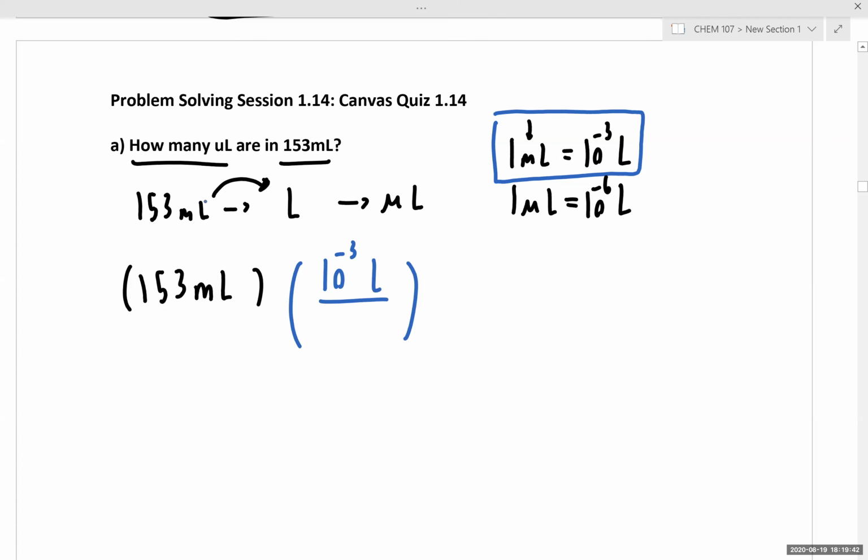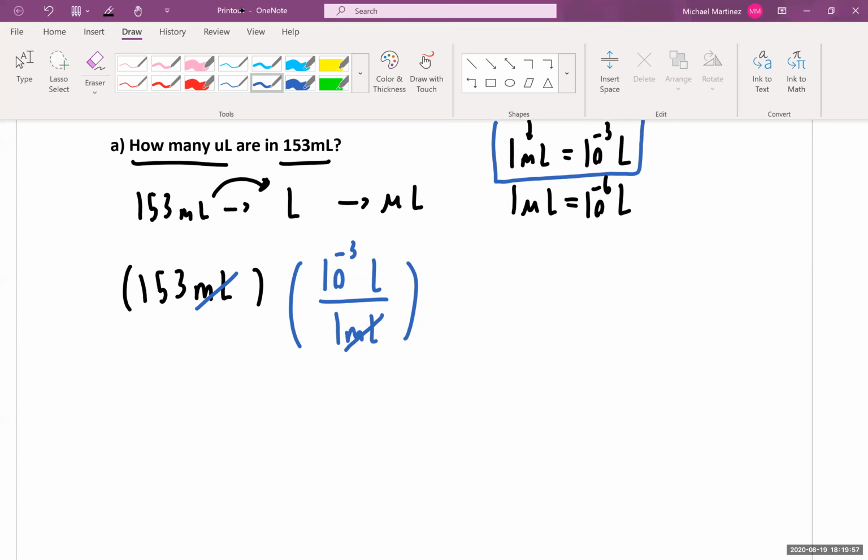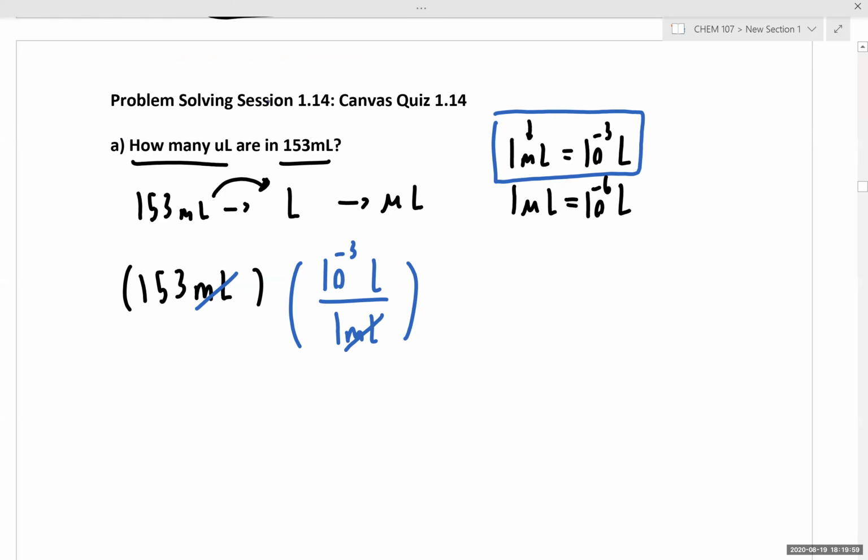What units do we want to cancel? Milliliters, exactly right. So we have 10 to the -3rd liter per 1 milliliter, and milliliters cancel. For our next step, we need to go from liter to microliter. What units go on top? Microliter. So in 1 microliter, we have how many liters? 10 to the -6th, exactly right.